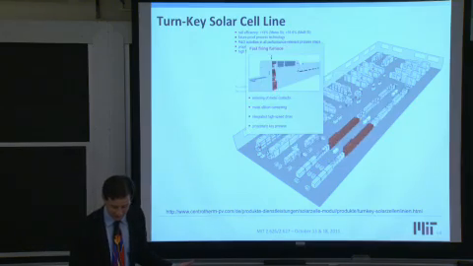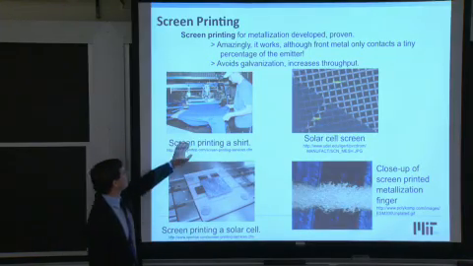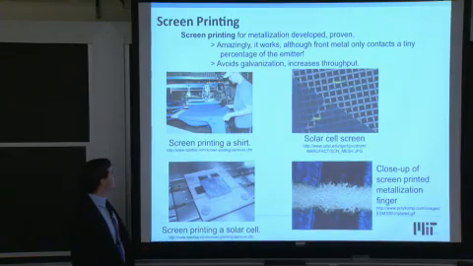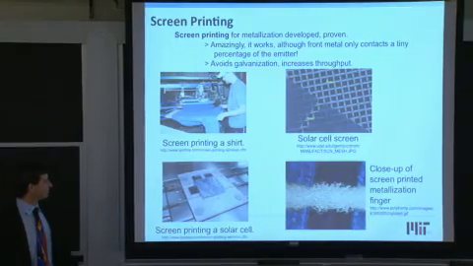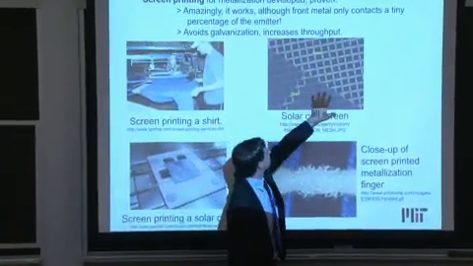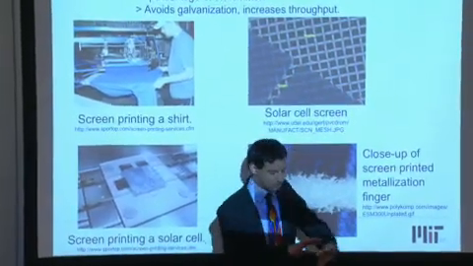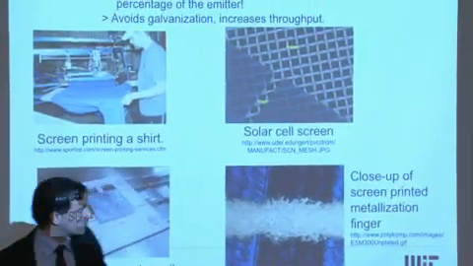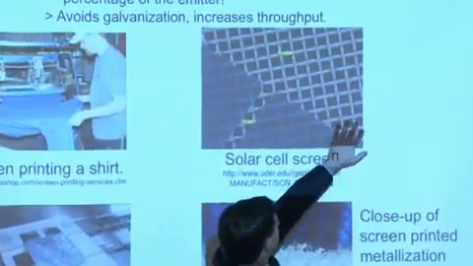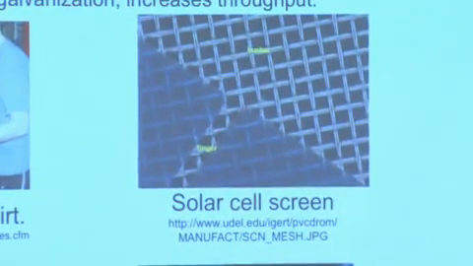This looks very similar to screen printing for a T-shirt. Here's a T-shirt being loaded into a screen printer, and here's a solar cell being loaded into a screen printer. This is a close-up of what the screen actually looks like. Here the screen, which is comprised of this mesh of metal, is bare, and so the metal that's deposited on top can go through those holes in the screen and onto the wafer underneath it.